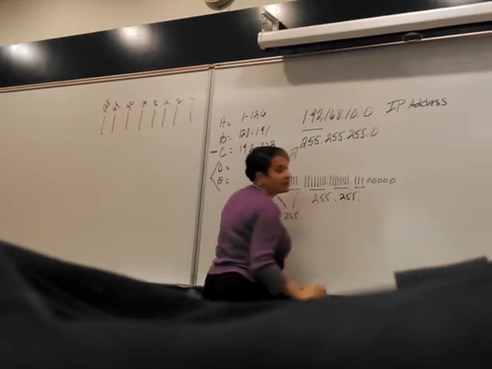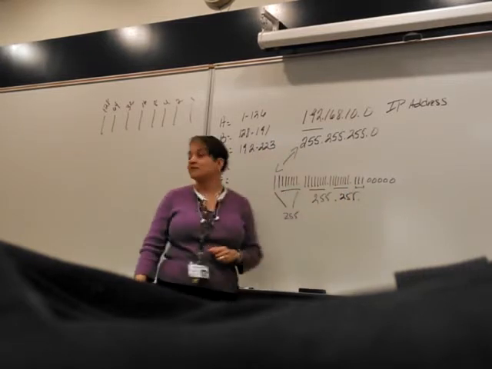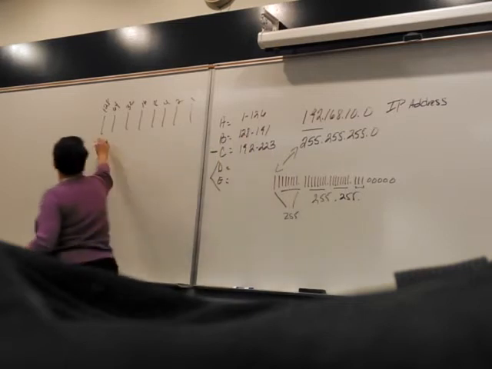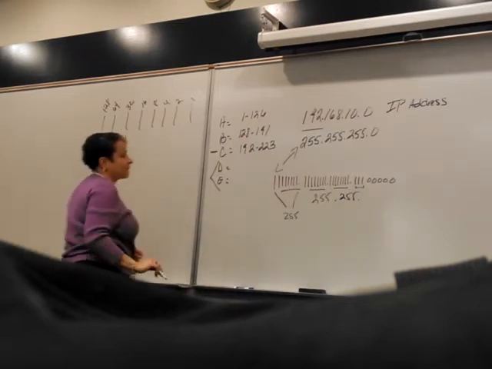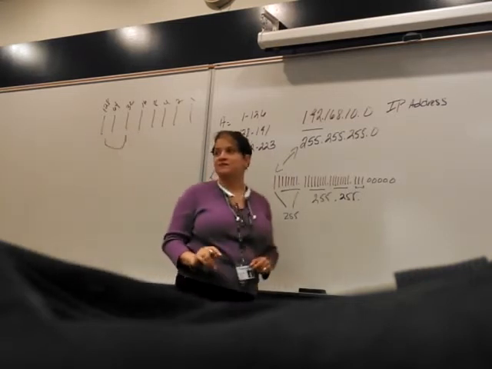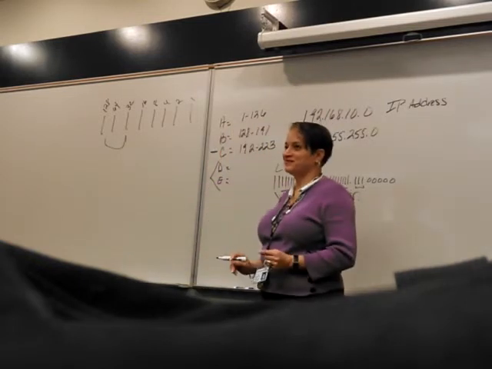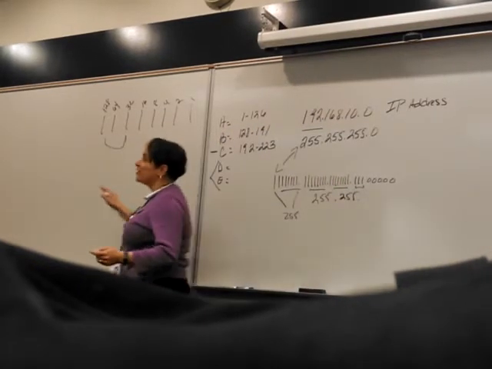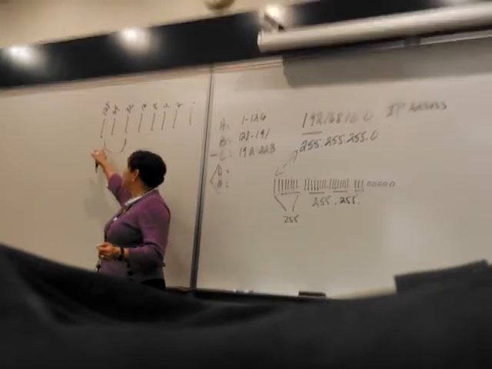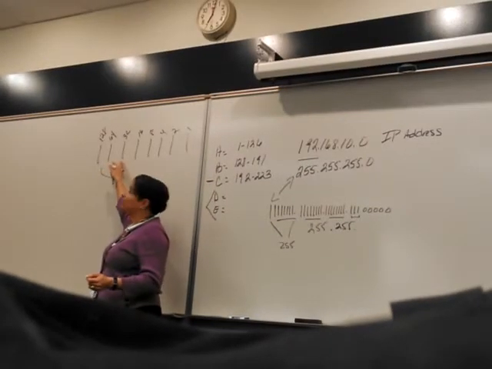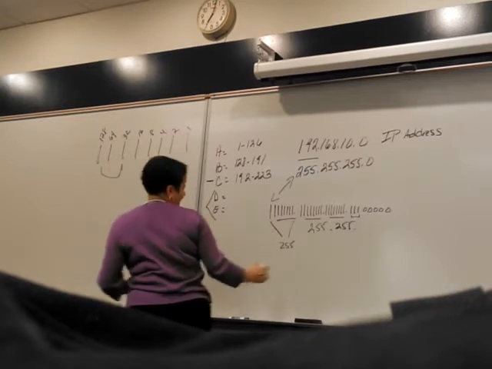What's going to be the value of that octet? 128, 64. Add these up. It becomes a rhythm. 128 plus 64 is 192 plus 32, 224.